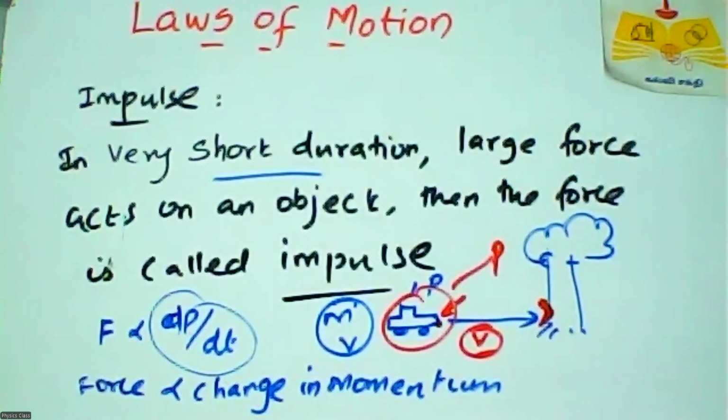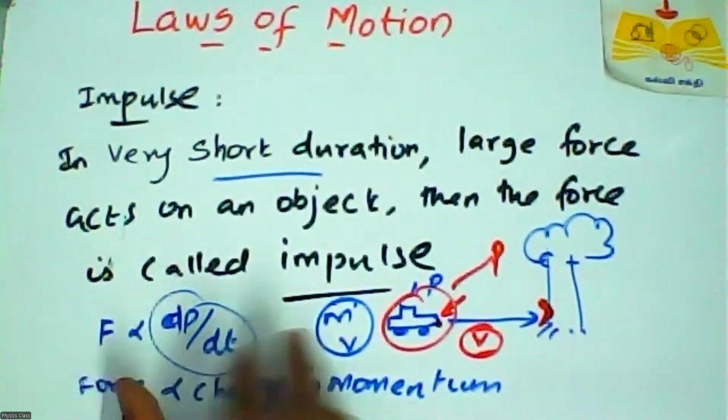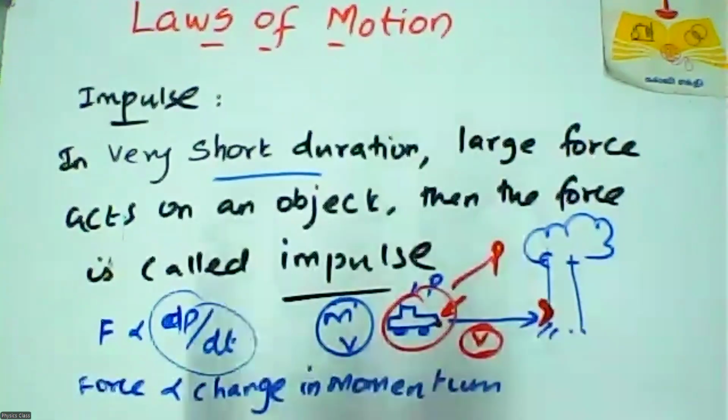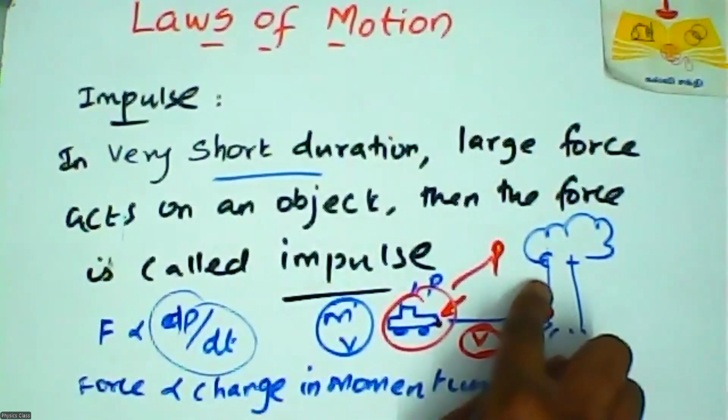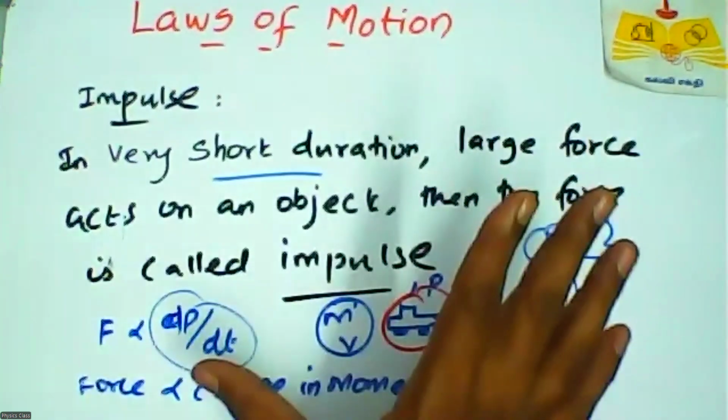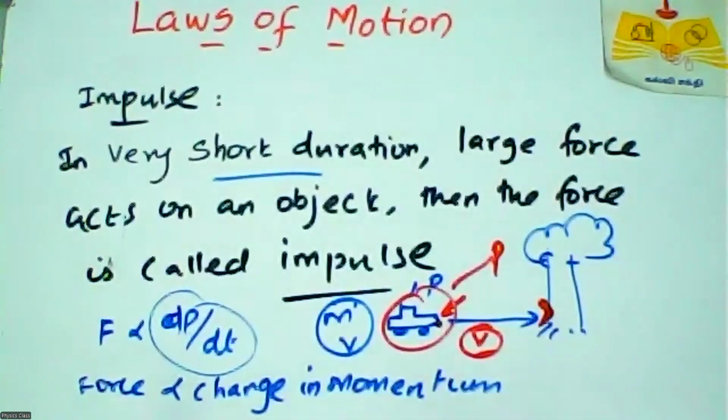So force is nothing but changing momentum: the force given by the tree changes the momentum of the object. That's why both concepts are true and the same, just in a different line. Change in momentum is impulse, or a very large force acting on the object in a short interval of time is called impulse.